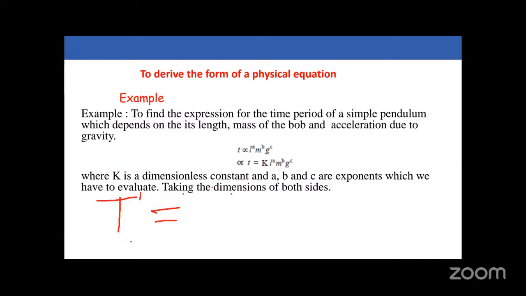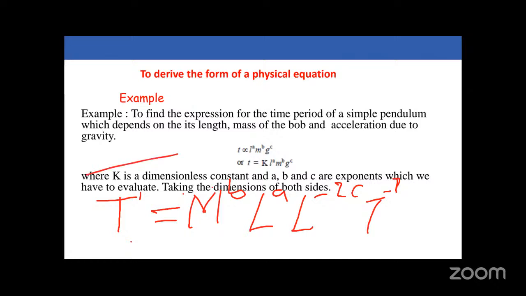Then we have M raised to B, L raised to A, L raised to C, and T raised to minus 2C.